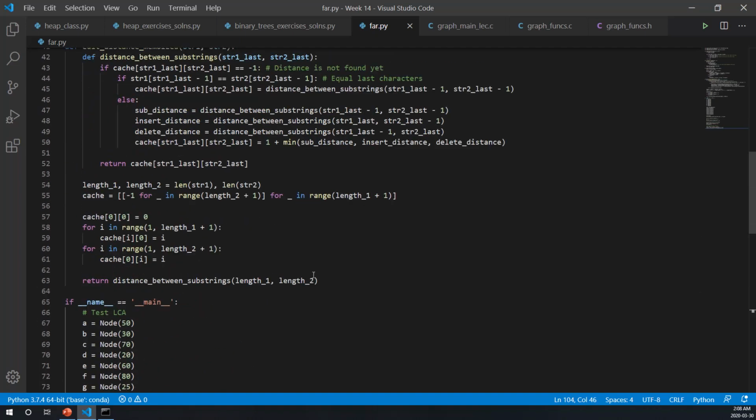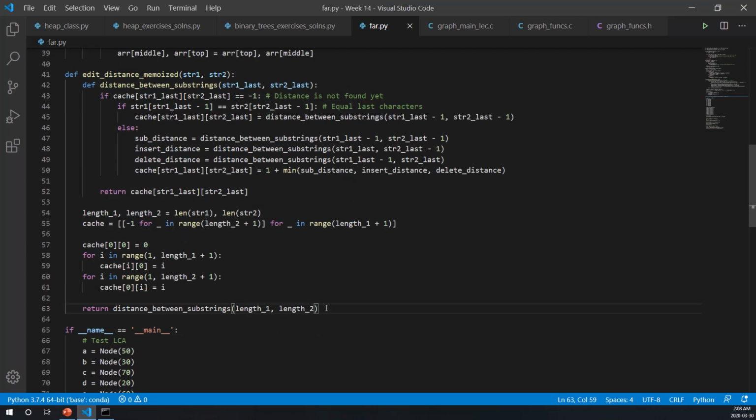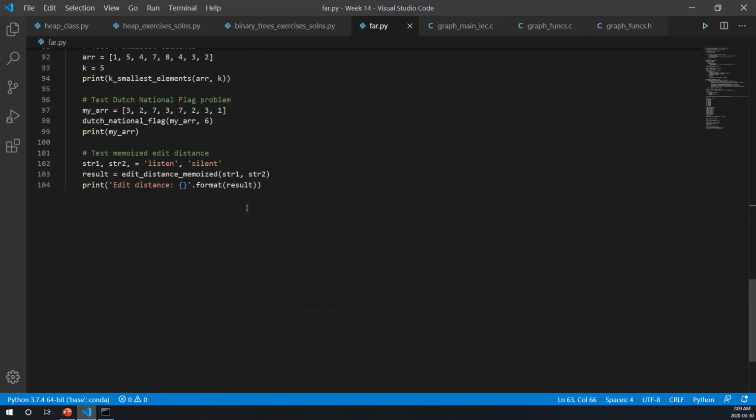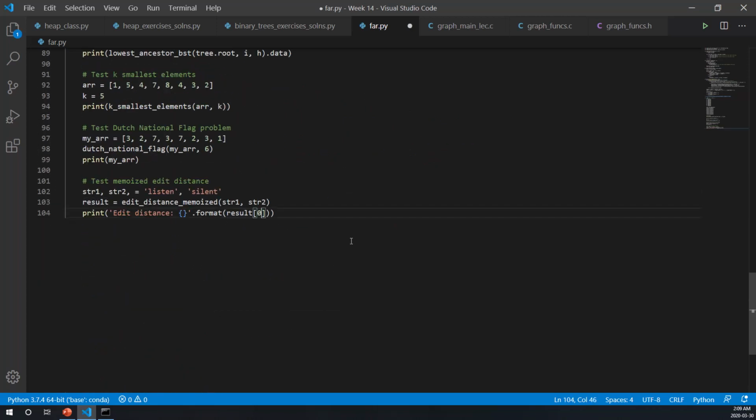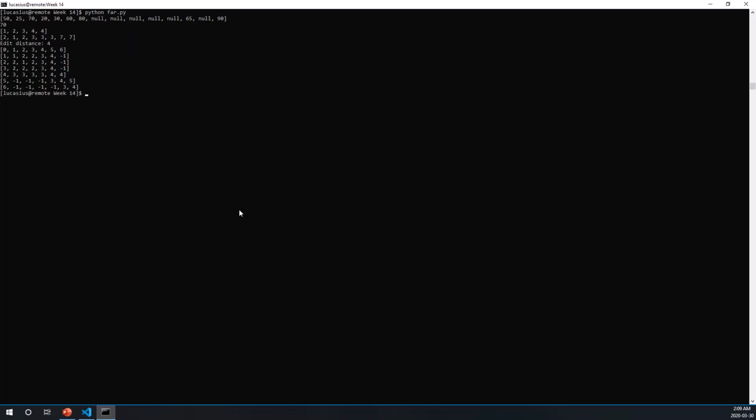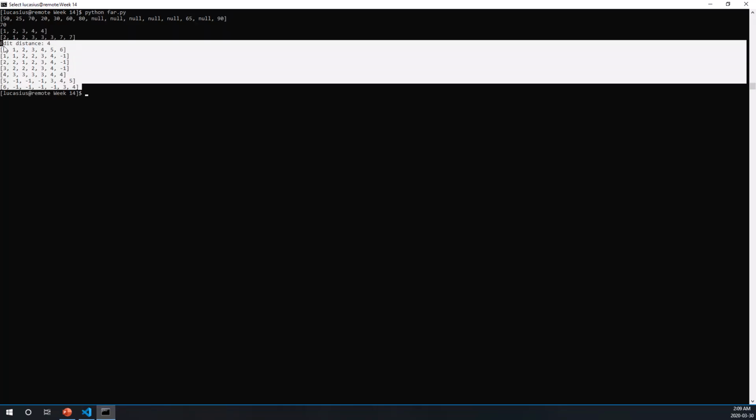And you know what? To really make sure that we got the right table, I'm going to also return not just the distance, but also the cache itself. So let's return the cache as well in my distance memoized function. Therefore, I'm going to need to put a 0 there. And if I really want to print my cache, I'm going to do for a in result of 1, print a. That's going to be my cache. If I were to do that, there you go. So here's my cache.